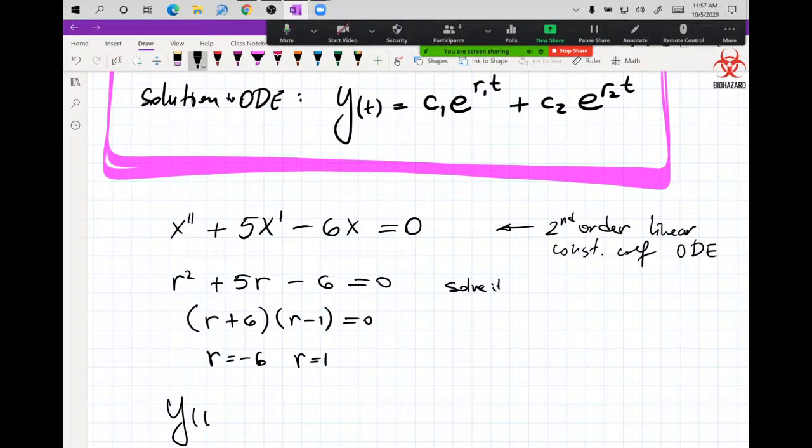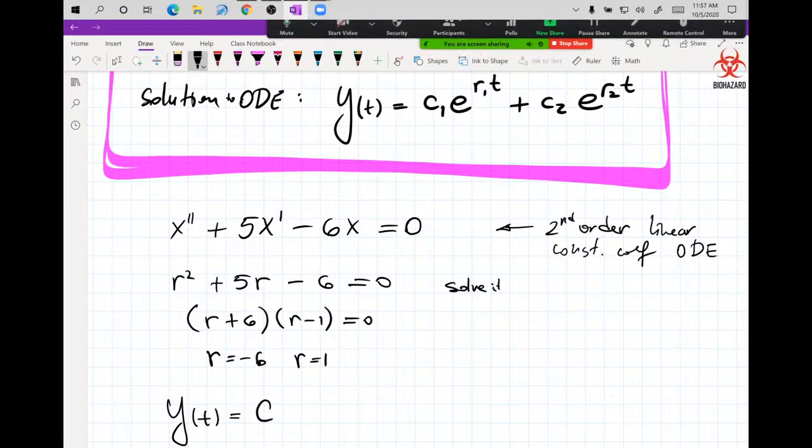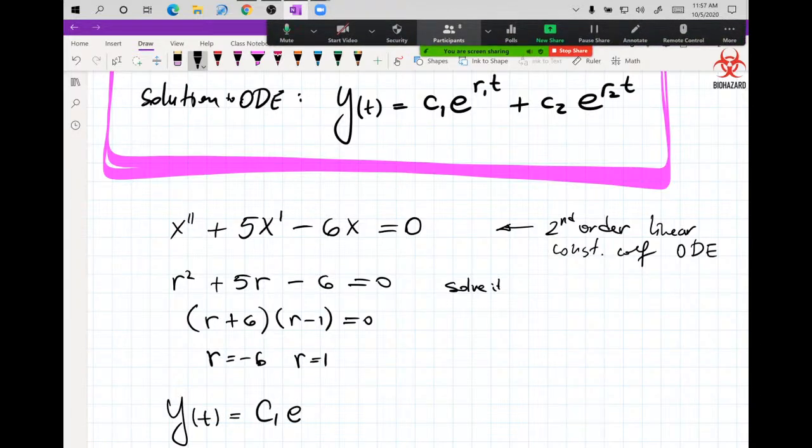So y of t equals C1 e to the negative 6t plus C2 e to the t. Your r1 and r2, you can write in either order, because it's added, so who cares.